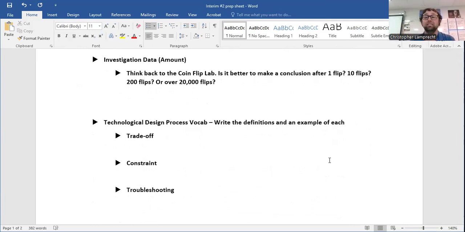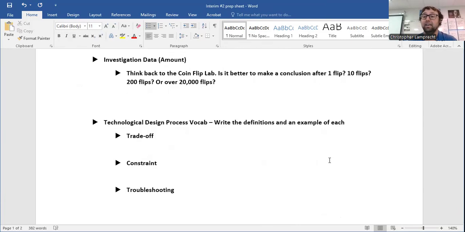If you had 8 heads and 2 tails, that's a pretty good conclusion to be like, hey, I think heads comes up more often. But once we as a class had up to 200 plus flips, you started seeing that it was pretty even, but it could still be a little off. Once we added so many flips, you started seeing the real truth. The more data, the better.